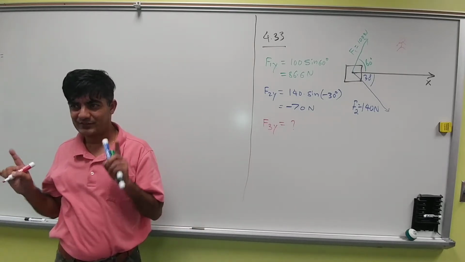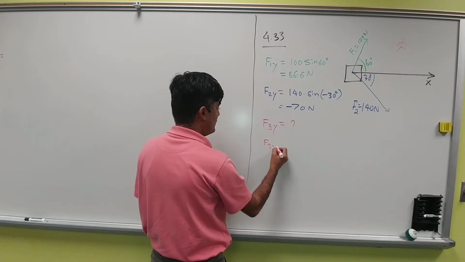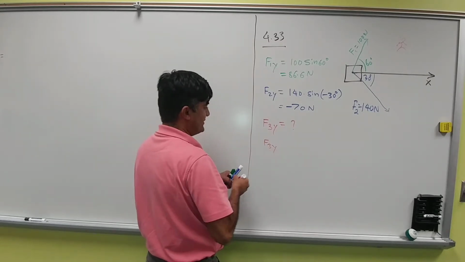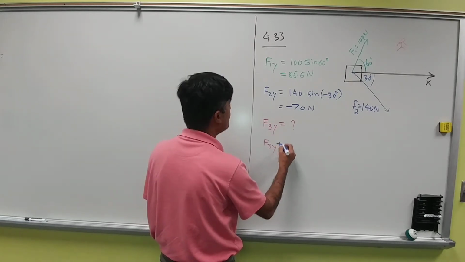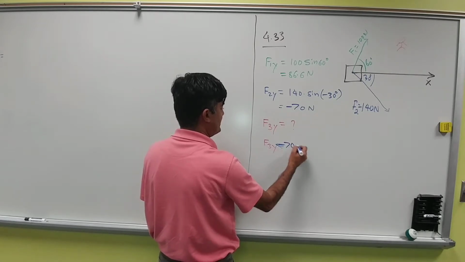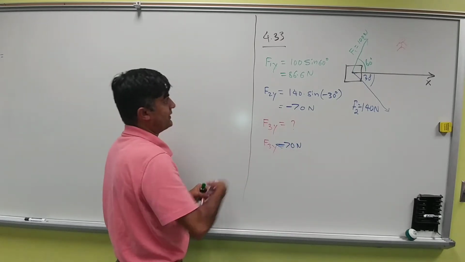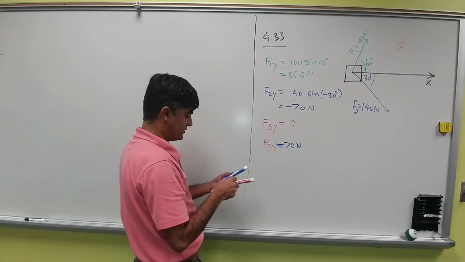So F3Y plus minus 70 Newton, and then plus 86.6 Newton.